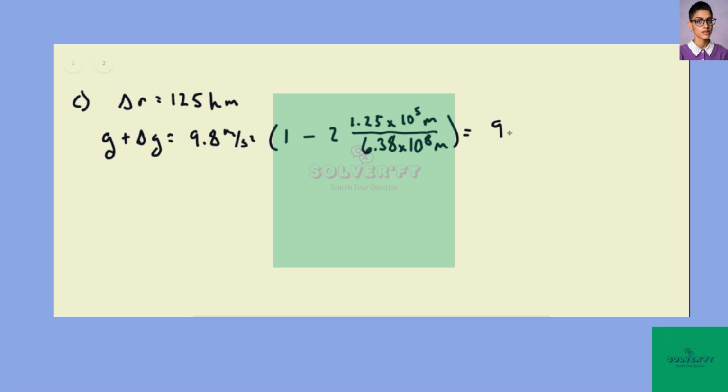And so we get 9.42 meters per second squared.